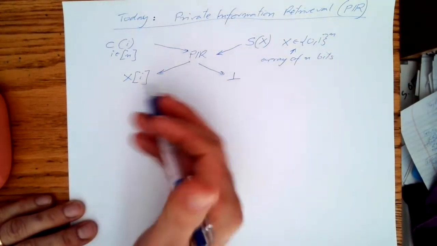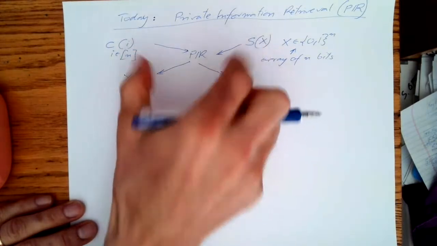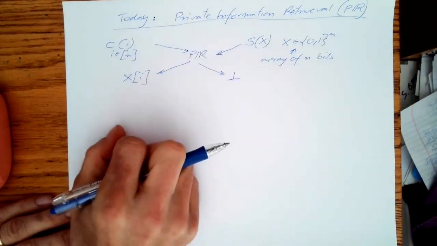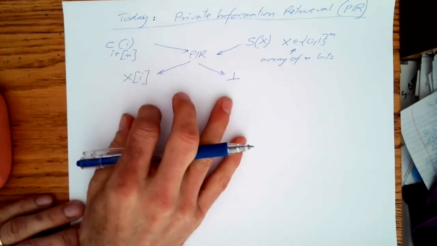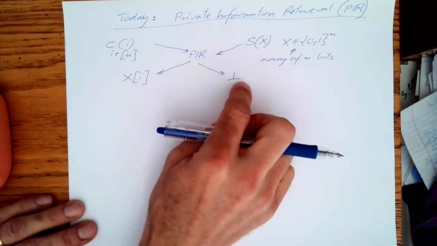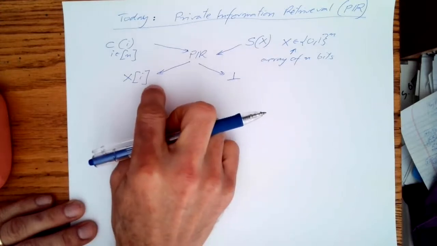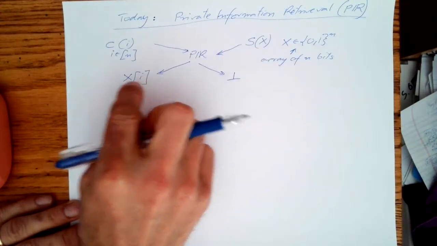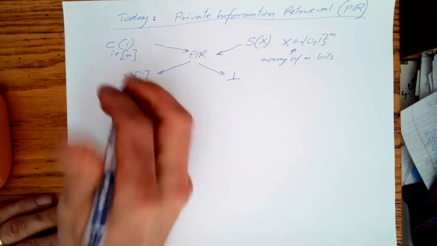So this is, of course, a case of secure computation. On these two inputs, we want the two parties to have these outputs, and the privacy in this formulation is privacy preserving for both: for the client, because the server didn't learn the index at which the client retrieved, and for the server also.